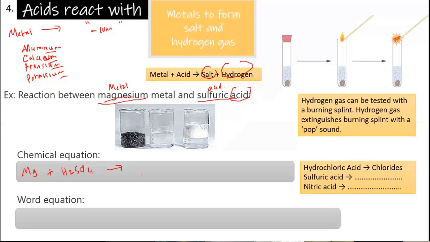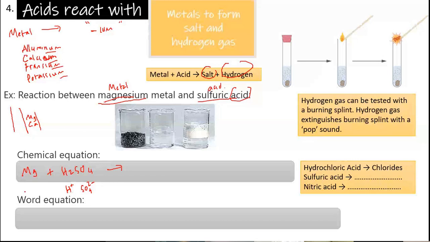What are the products? Because H2SO4 will separate into a positive ion and a negative ion, SO4 2 minus. Mg is in group 2 of the periodic table, right? Calcium is also in group 2.